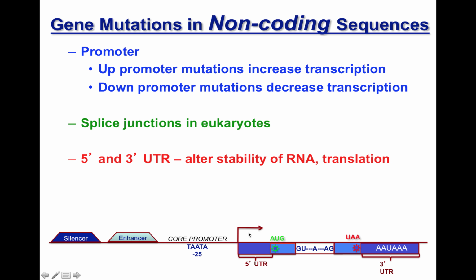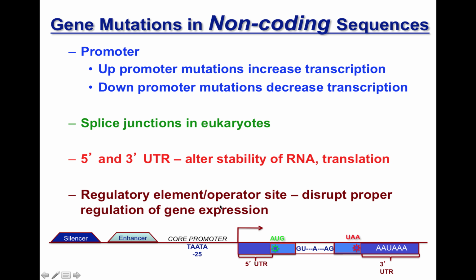And you can alter the 3' and 5' end by changing the nucleotide sequences, and that can alter the stability. It can alter the translatability. It can also alter where the messenger RNA is partitioned within the cytoplasm, either to the periphery near the edges or onto the endoplasmic reticulum. And you can certainly mutate enhancers and silencers. Any region of a gene you can mutate and have consequences.